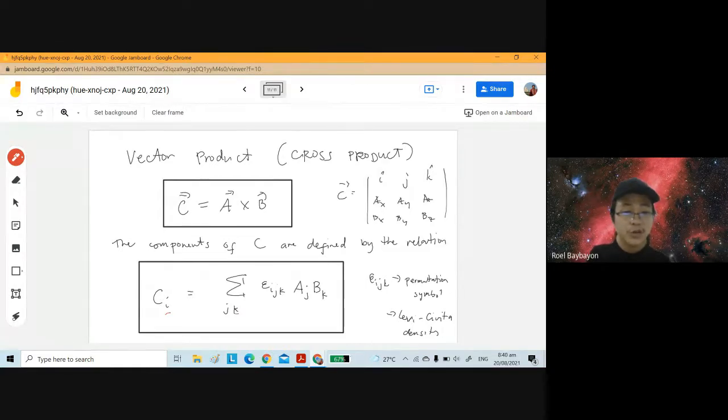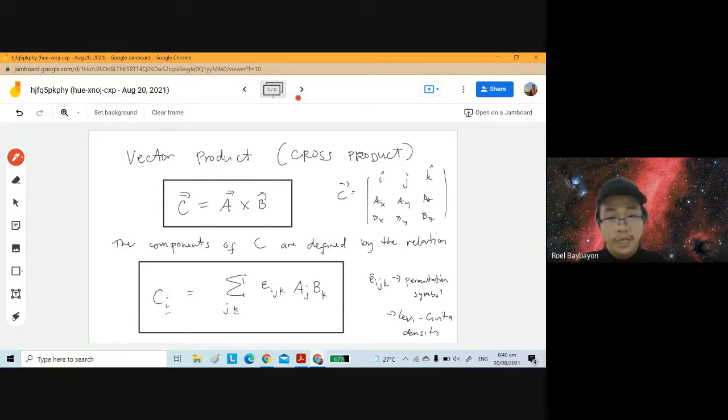So Ci is equal to the summation over any two letters, J and K, of the Levi-Civita symbol epsilon IJK. The I must appear there.